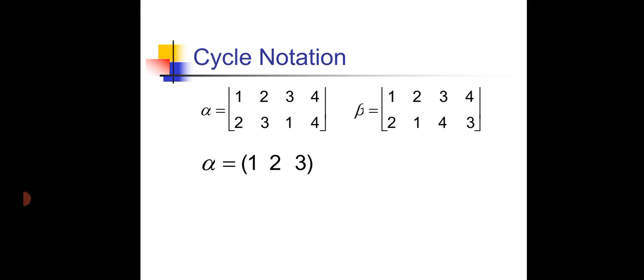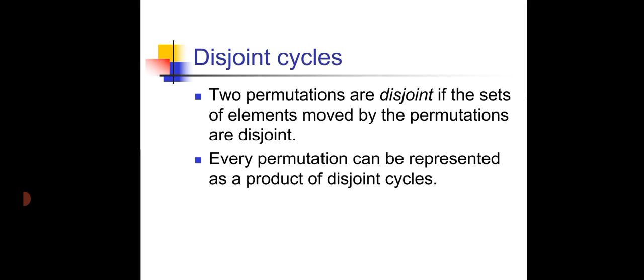In short we write this in cycle notation. This is a cycle; 4 is fixed by the identity, so we can just leave it. Similarly beta: 1 is mapped to 2 and 2 to 1, so (1 2) is the cycle notation. The next cycle is 3 to 4, 4 to 3, so you just write (3 4). That is 3 moving to 4 and 4 moving to 3. That's all. It's cyclic notation.